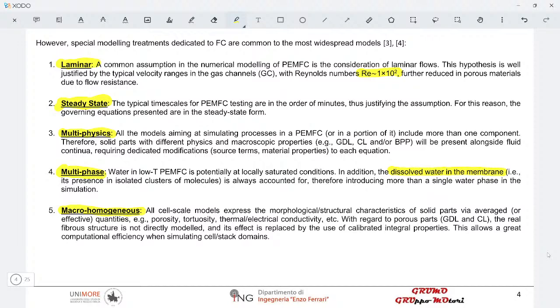It is possible, there are models for that, but those types of models are related to specific material characterizations. Just for you to know, there are CFD studies that are devoted to the characterization of porous materials.